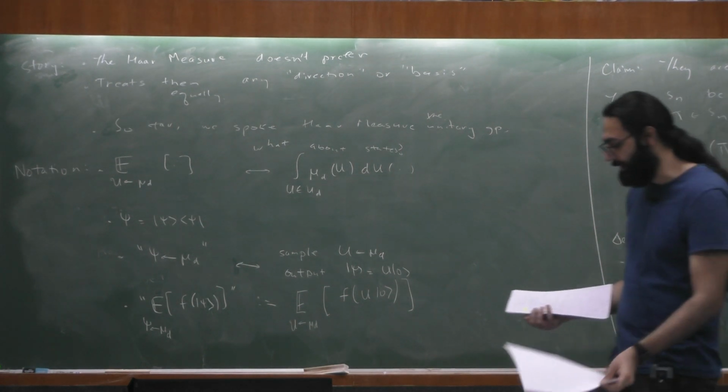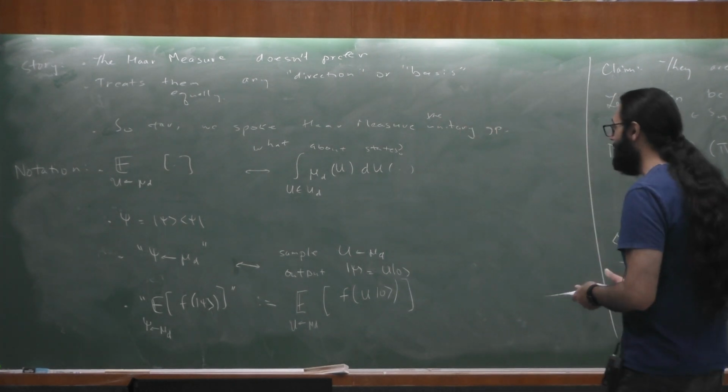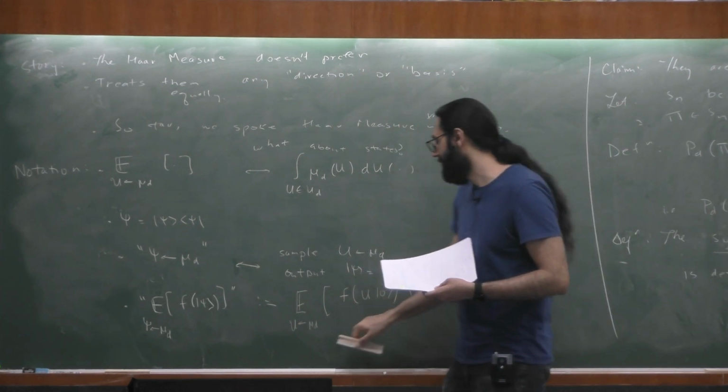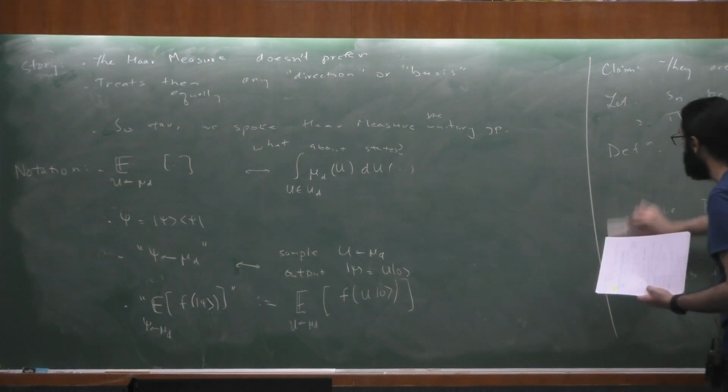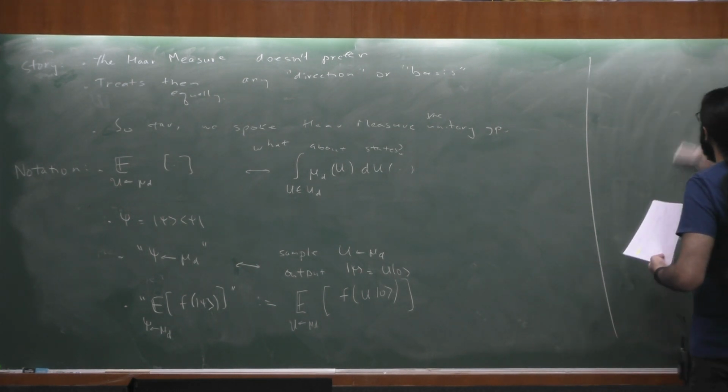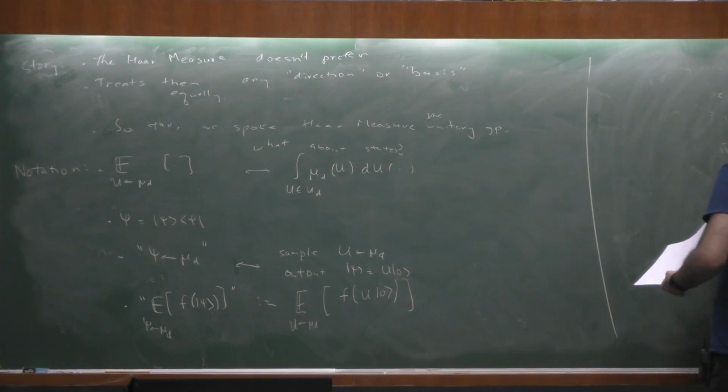Nothing very deep. Whenever you have to sample a Haar random state, you basically sample a Haar random unitary and apply it on some fixed state. So there's nothing too complicated.